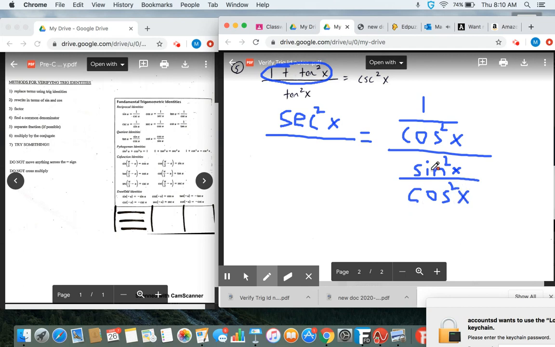Now, as you might notice here, these denominators we could cross out. And what we would have left would be 1 over sine squared x, which we know is the reciprocal of cosecant, right? That equals cosecant squared x.